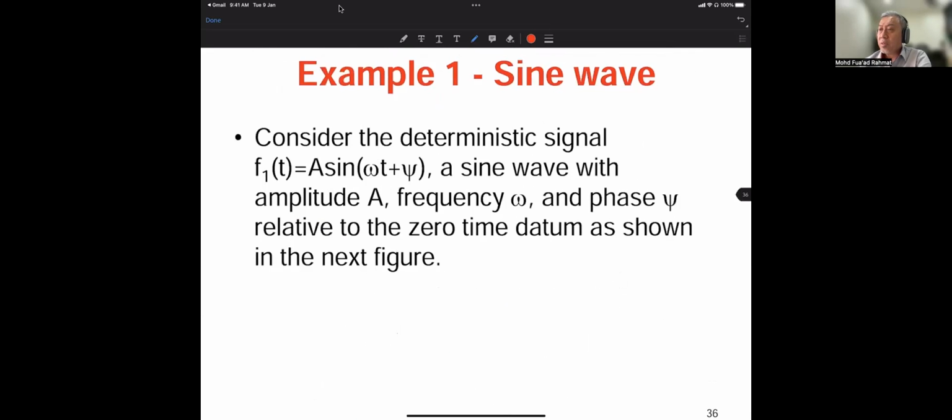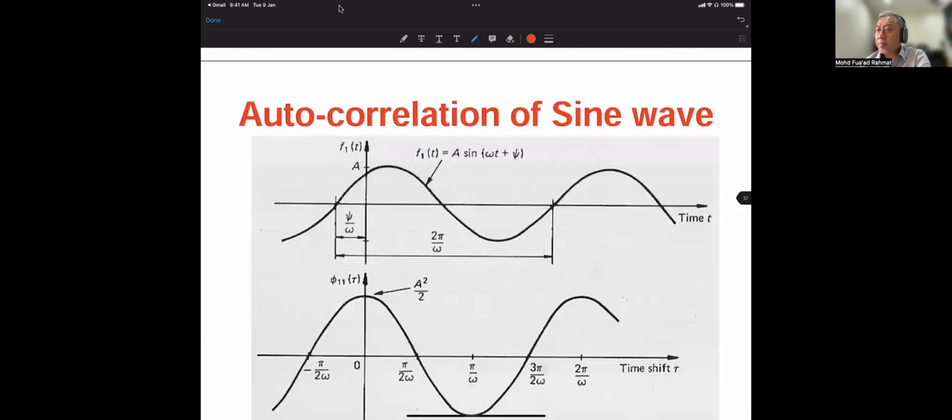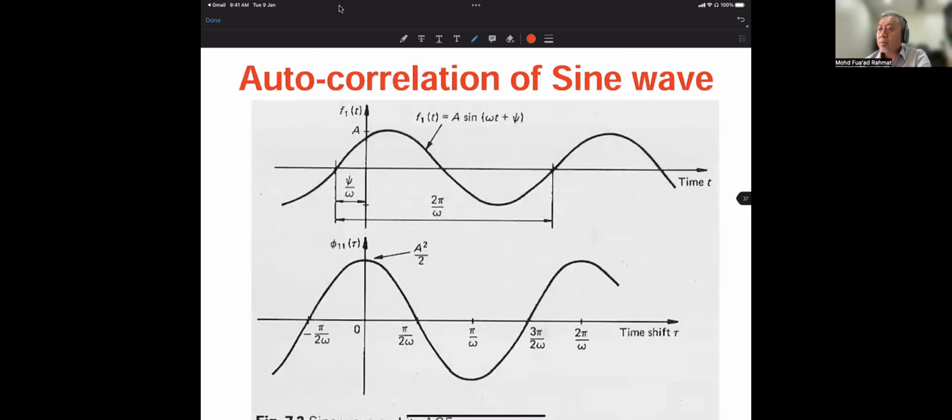So for example, consider the deterministic signal given here, f1 equals a sine omega t plus psi, a sine wave with the amplitude of a, frequency of omega, and phase of psi relative to zero time, shown in the next figure. We applied the autocorrelation function, which is here.